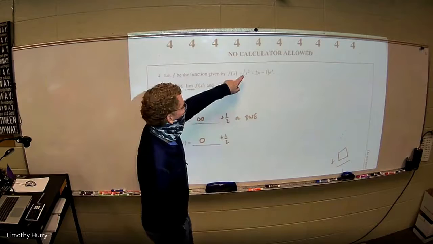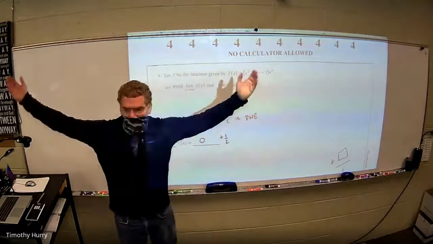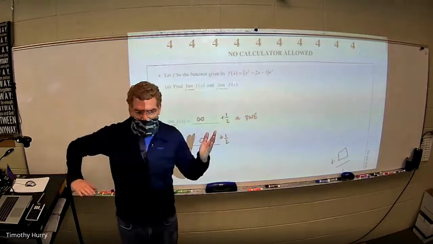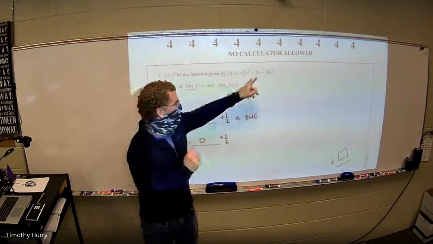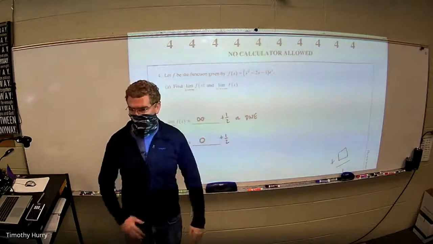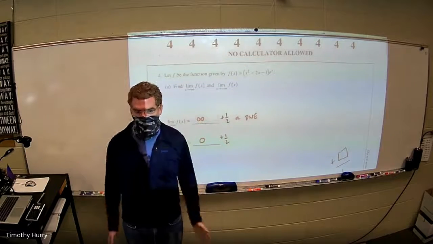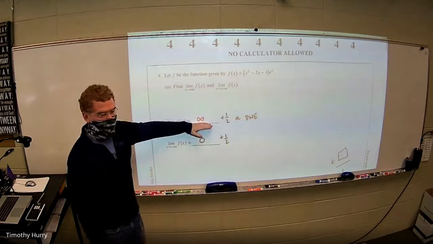When I look at this, x squared is growing towards what? A parabola, as you move towards infinity, is doing what as you go to the right? It's getting huge. What is an exponential function doing as it's going to the right? Also getting huge. What's a huge times a huge? Huger. So it's got to be infinity there. All right?